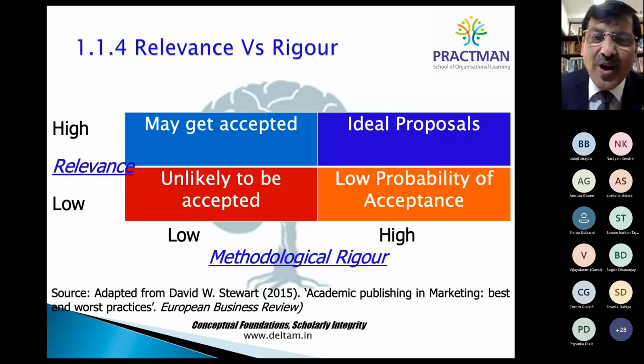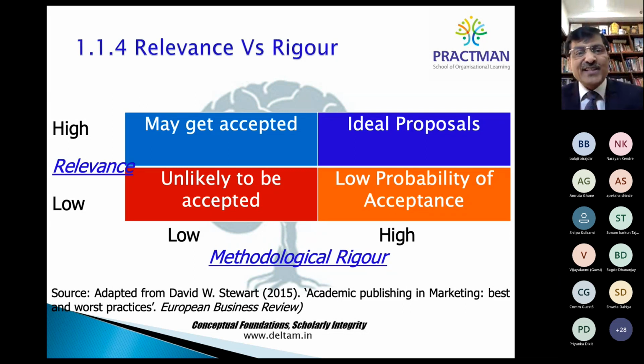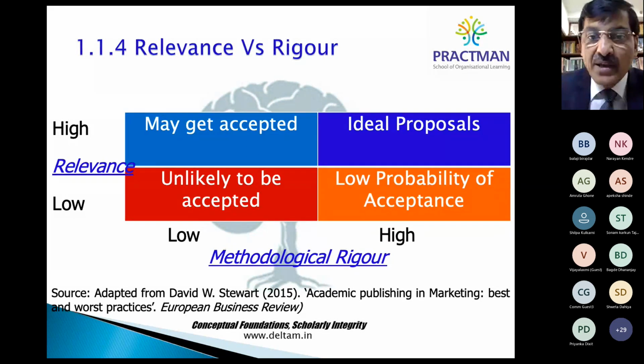So these also are research problems which will get accepted because we believe that the knowledge gets built incrementally. Somebody will revise the methodologies, bring in greater rigor, and then that problem will be restudied. You might bring the problem up to a certain level, somebody else will study it further.